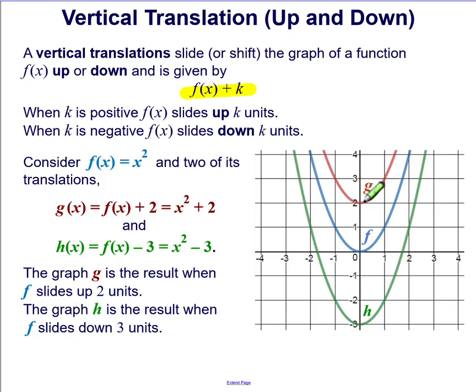When we consider another function, h of x, which is taking the original function f of x and subtract 3, we get x squared minus 3. So the original function f of x was translated down 3 units. The graph g is the result when f slides up 2 units. The graph h is the result when f slides down 3 units.